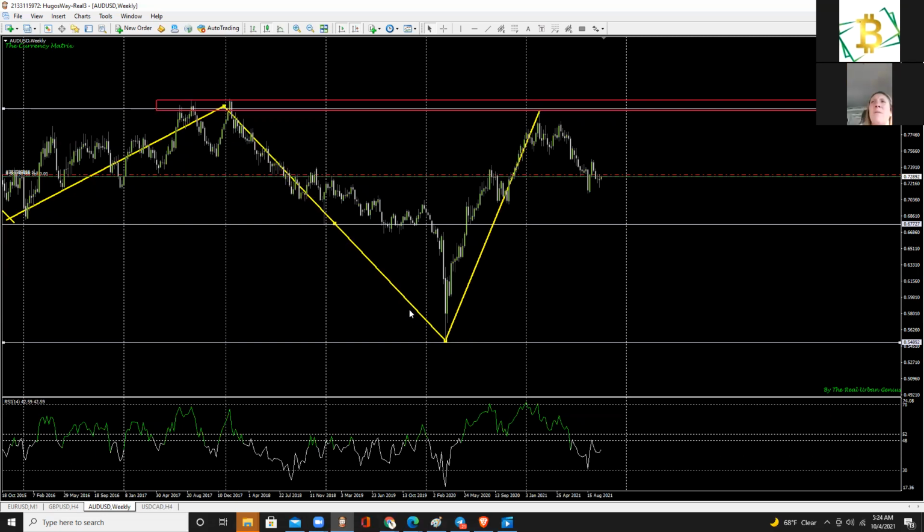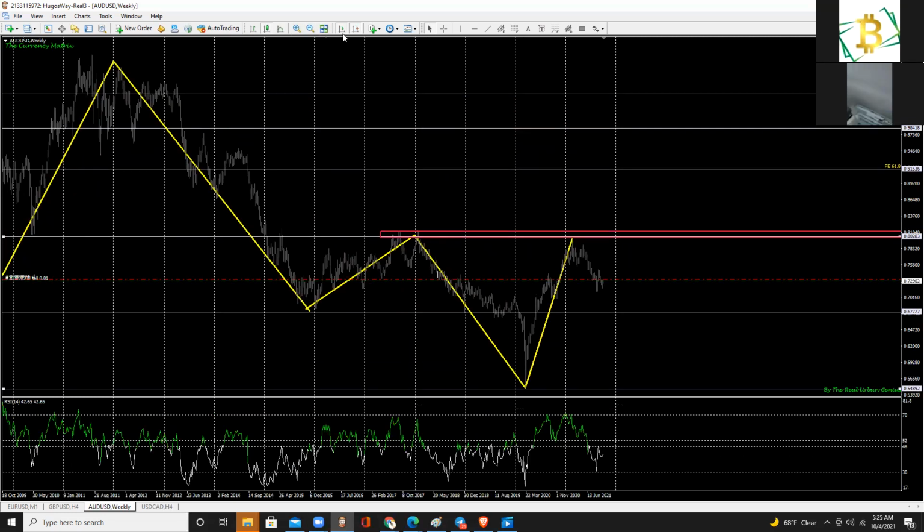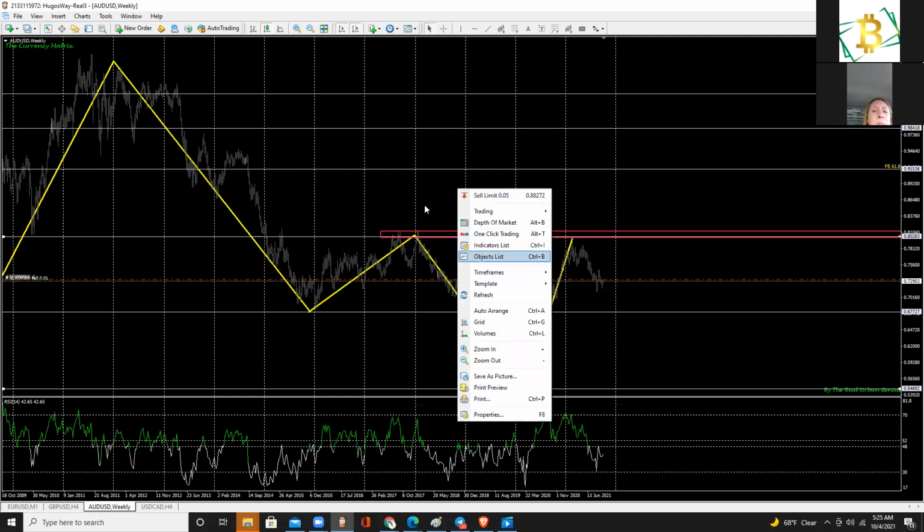Just pretty much editing what you've already drawn based on what you saw on the monthly. So now we'll simply do the same thing, but now we don't have to use the bigger picture. We can just use the data that we've analyzed and presented to ourselves from the monthly time frame. Again, this is a top-down analysis on Aussie USD.